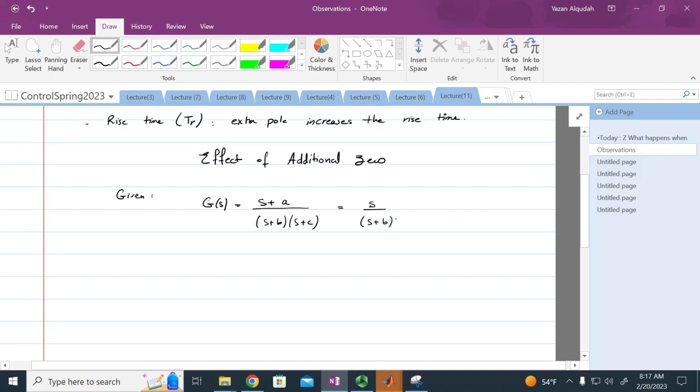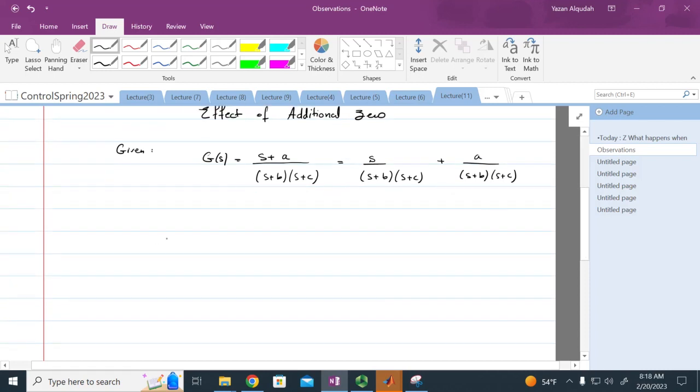And therefore, we can write it as s plus c plus a divided by s plus b multiplied by s plus c. So how is this different than the second order system? A typical second order system. We have the s here. In the second order system, this was a constant, the numerator. Here, we have s plus a, which means we have an extra zero in the transfer function.